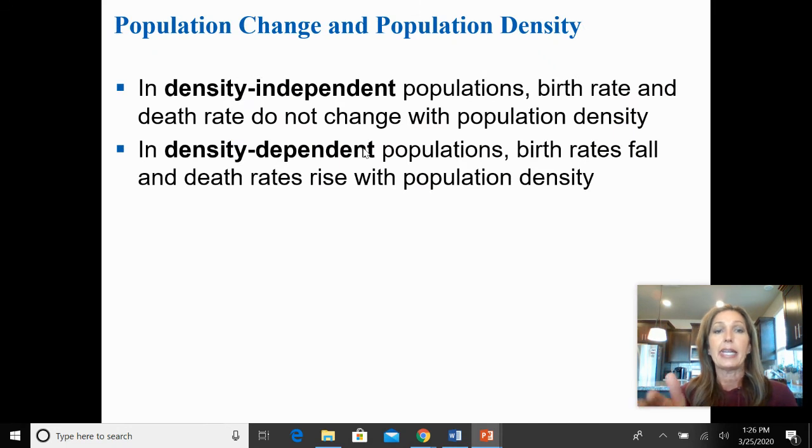If I say density independent, it means that as the population gets larger, these factors don't change. They're not going to change because the population is getting bigger. Density dependent, as that population gets bigger, these factors will alter the population size.